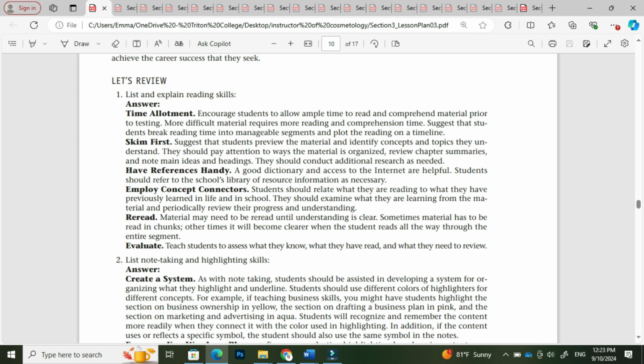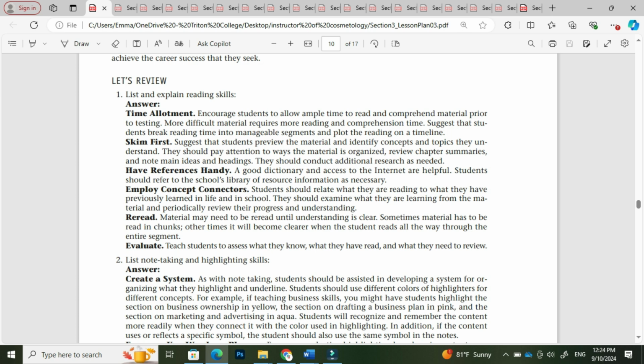Skim first. Suggest that students preview the material and identify concepts and topics they understand. They should pay attention to ways the material is organized, review chapter summaries, and note main ideas in headings.